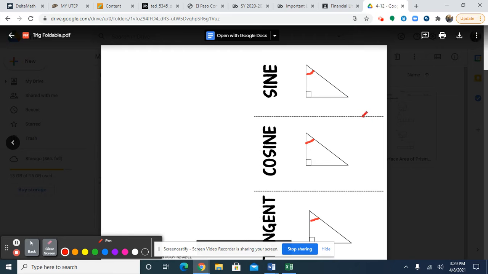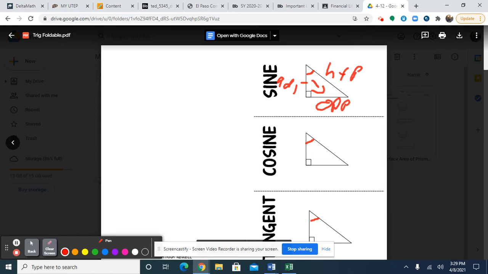So what this means is that the side on the other side of the angle is going to be the opposite side, which makes this side right here, the one next to the angle, we're going to call that the adjacent side. And then of course, the longest side, which we call the hypotenuse.